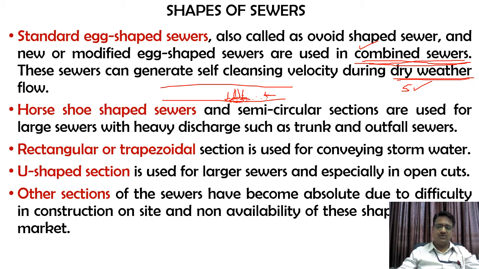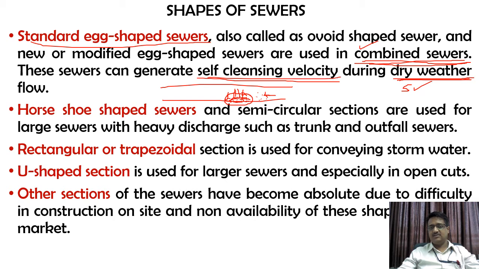That's why self-cleaning velocity matters. Here, egg-shaped sewers will make sure that even during dry weather flow, that is, even during a very low flow of water, none of the sediments settle.